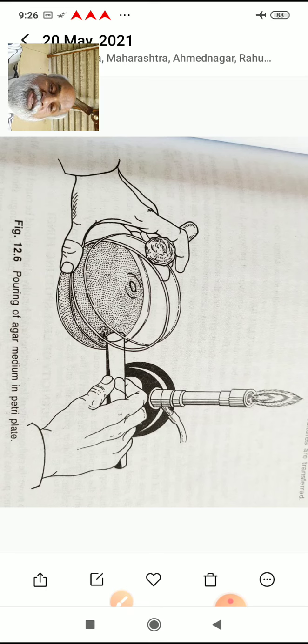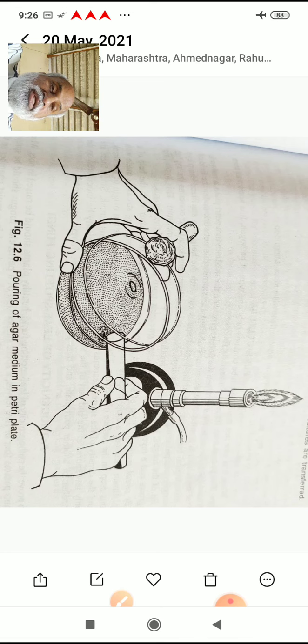So what are these methods that we will see here? On the screen you can see how pouring of sterilized agar medium is done in the petri plate, how to handle the petri dish, and with the help of another hand in front of the flame, how the pouring of agar medium is done.